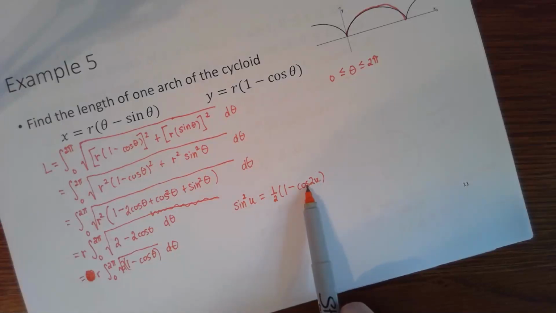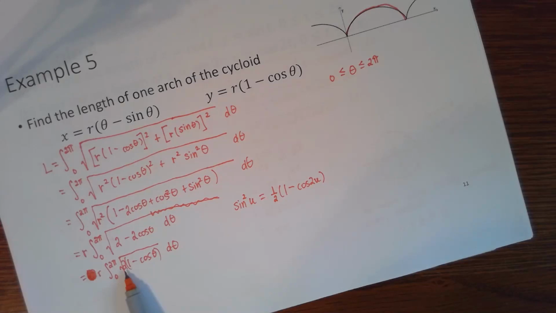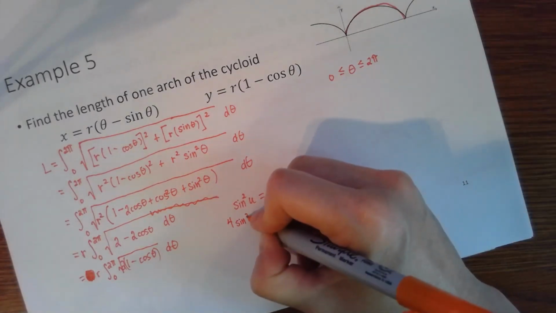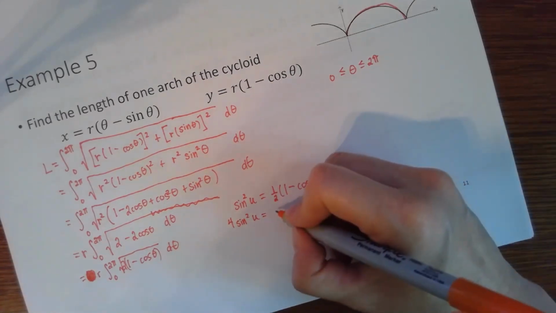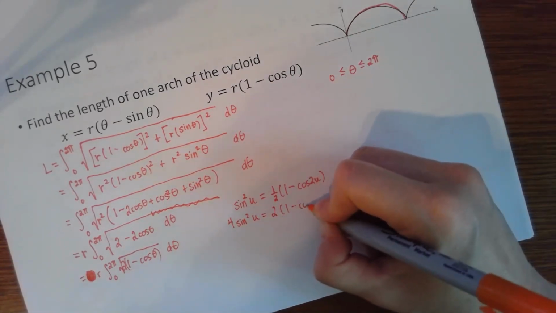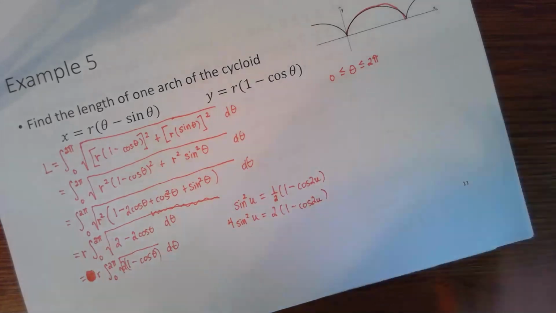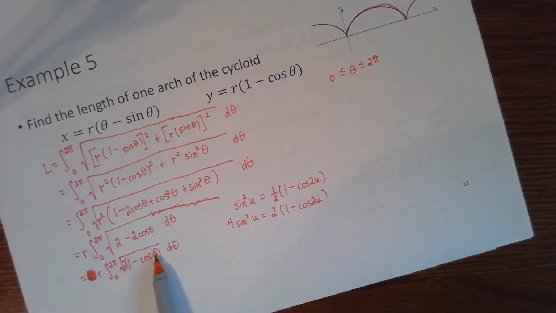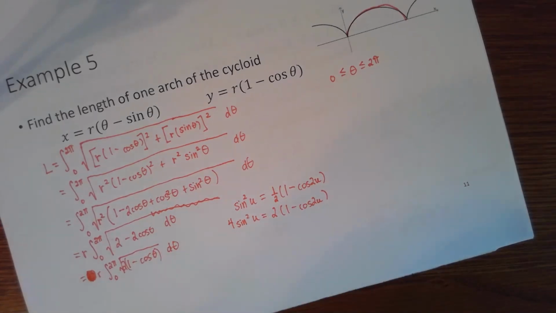And this looks very similar to that, except that there's a 2 there. Well, how would we get a 2 there? We just make this 4 sine squared of u equals, and then that would give us the 2, 1 minus cosine squared of u. So if we can just do a u substitution so that this is 2u instead of theta, then we've already got the 2 there. That's why I was saying that we want to do it this way.